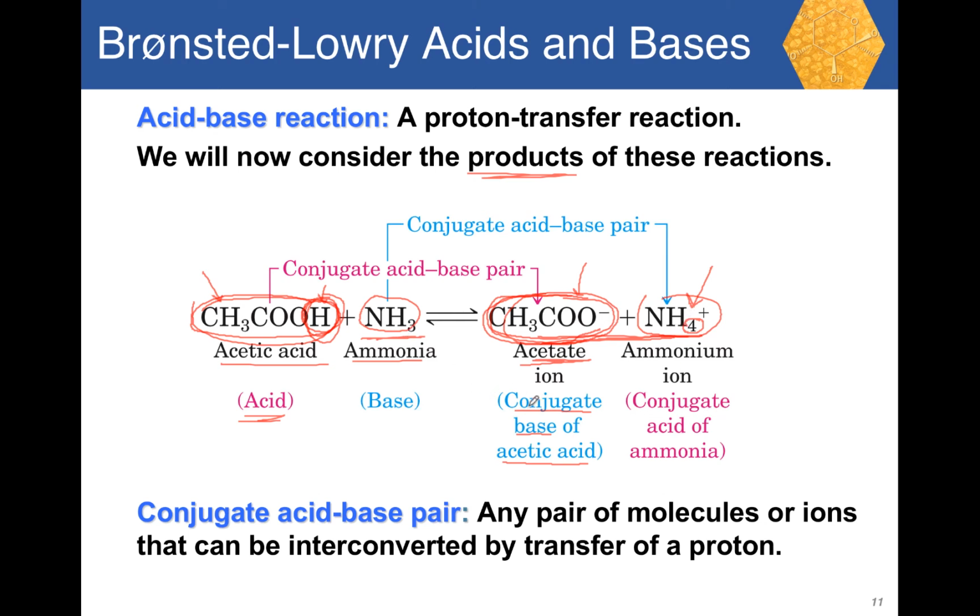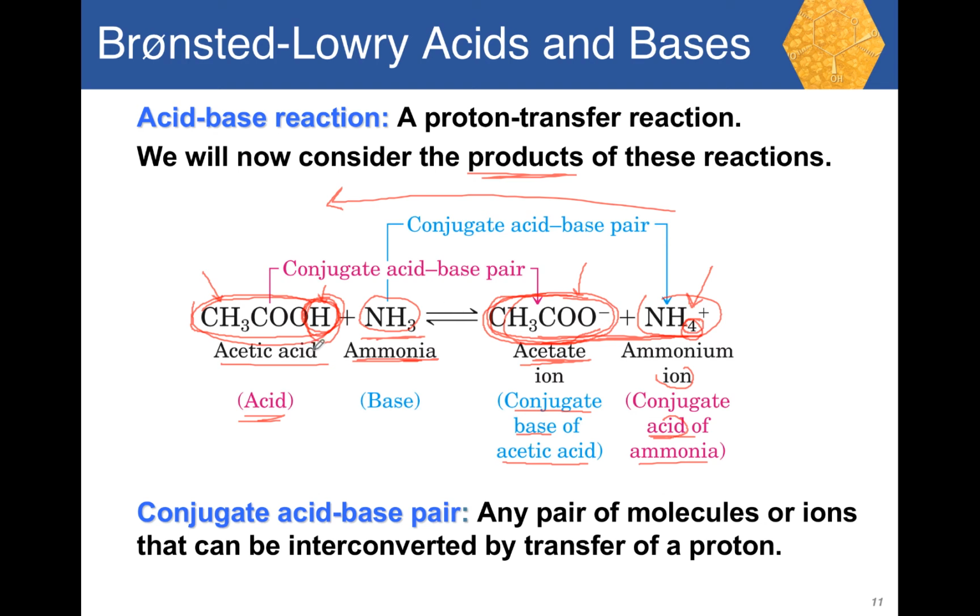Ammonia, the base, is transformed to the ammonium ion, and this is called the conjugate acid of ammonia. Why is it called an acid? Because if you were to look at the reaction in the reverse direction, it loses the H to form NH3. But we'll get there. So it's an equilibrium reaction here.